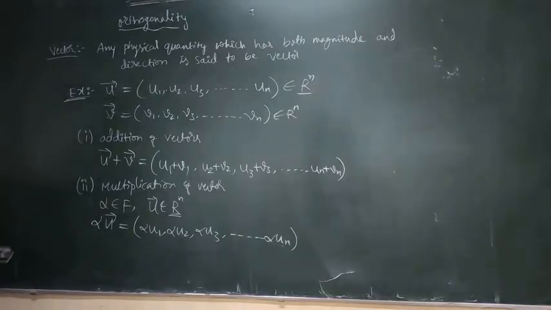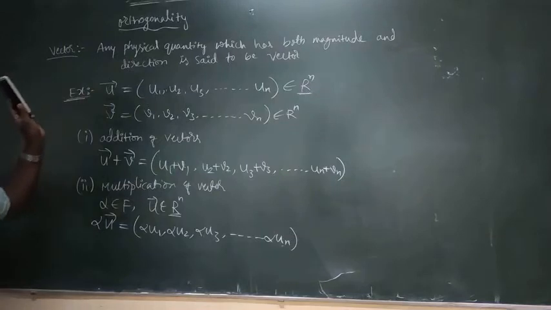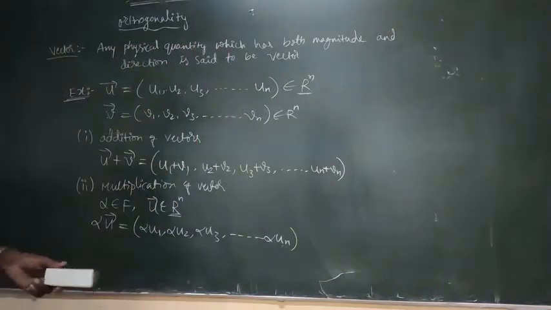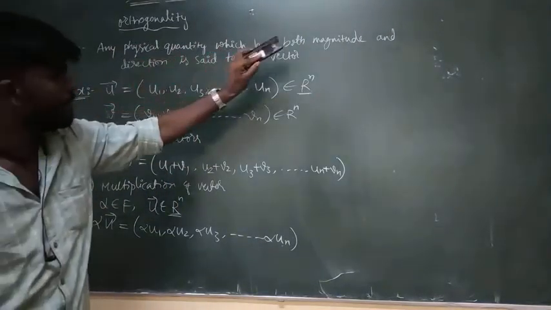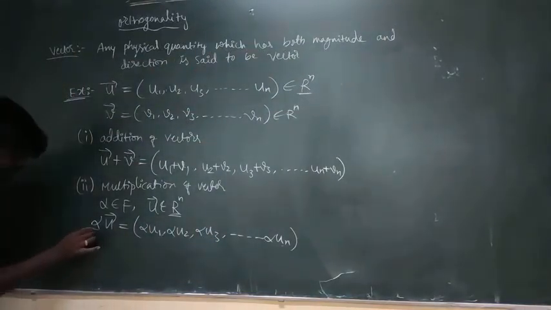Here, any physical quantity which has both magnitude and direction is said to be a vector. Scalar means any physical quantity which has only magnitude, not direction. Scalar means this is alpha.